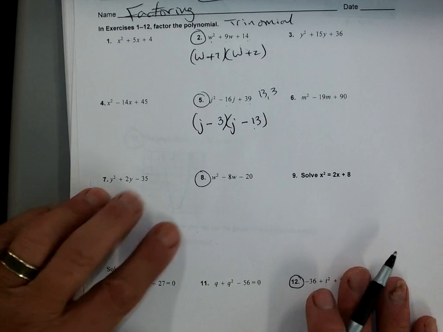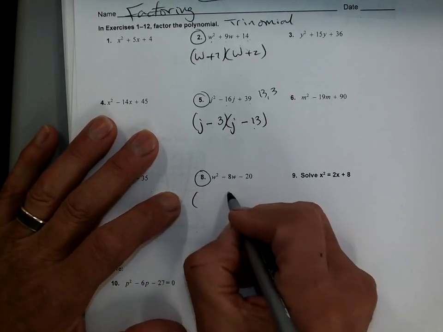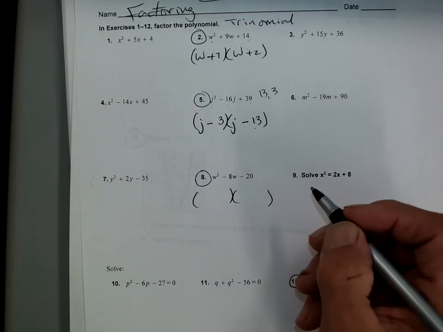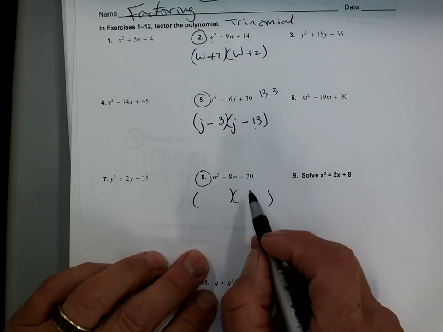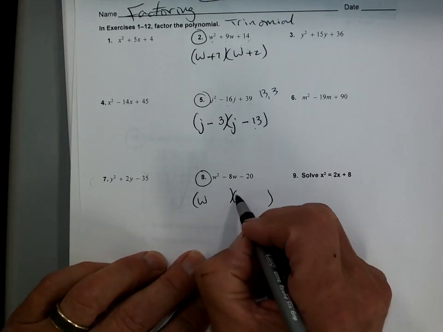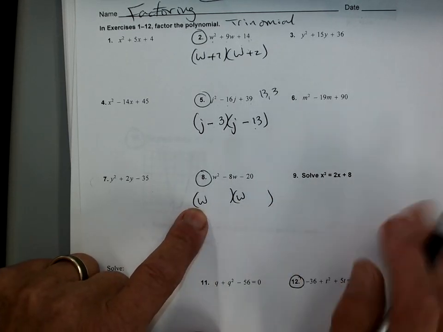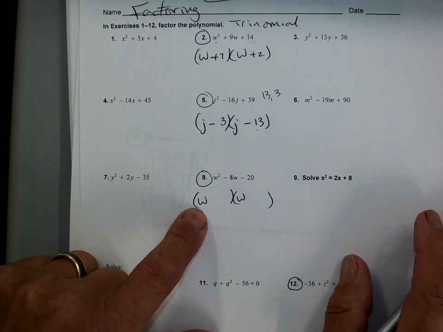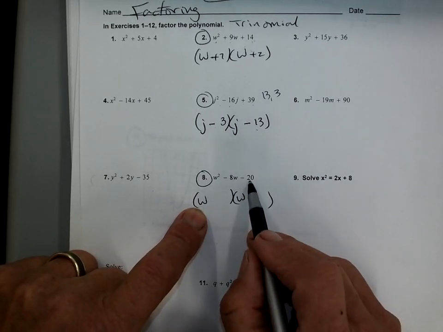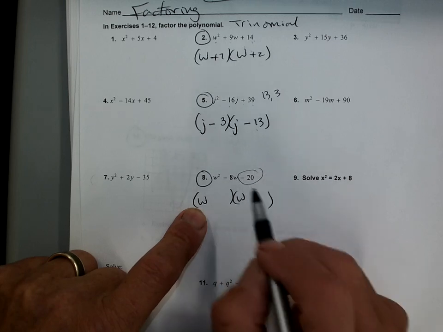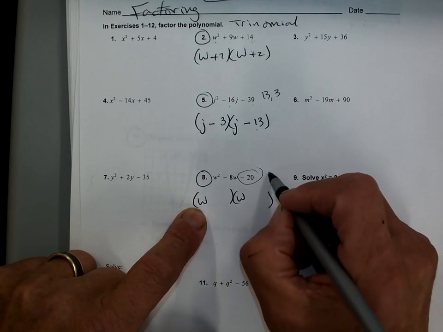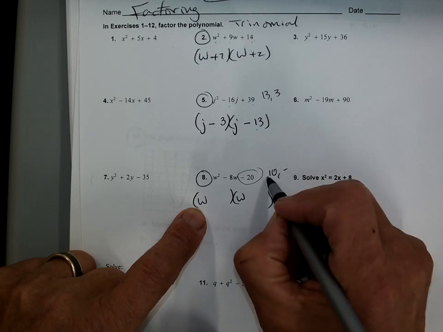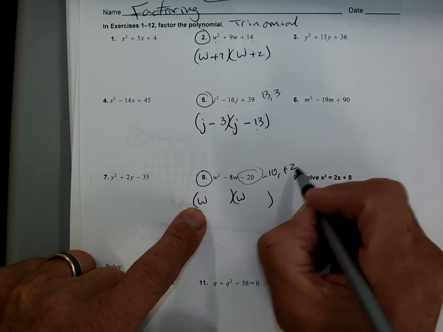Okay, number 8. Parentheses, okay? And then I'm going to go W times W, because W times W makes W squared. So then what I need is the multiples of 20, but it's a negative 20. So I'm going to go with a negative 10 and a positive 2.